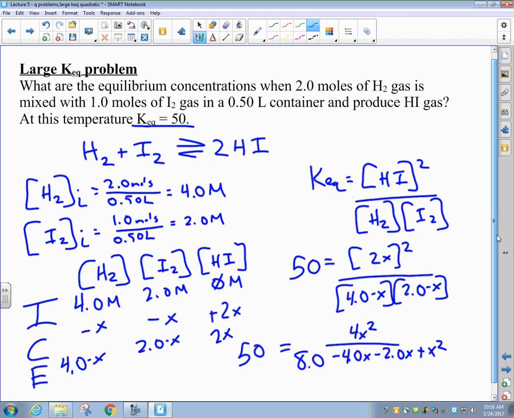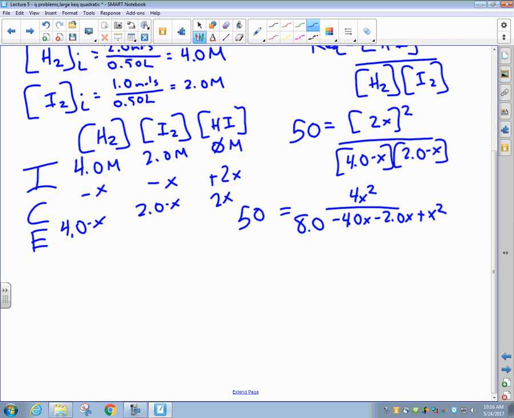I'm going to combine the two x's together, so then I'm going to have 4x squared over 8.0 minus 6.0x plus x squared, and that's going to equal 50.